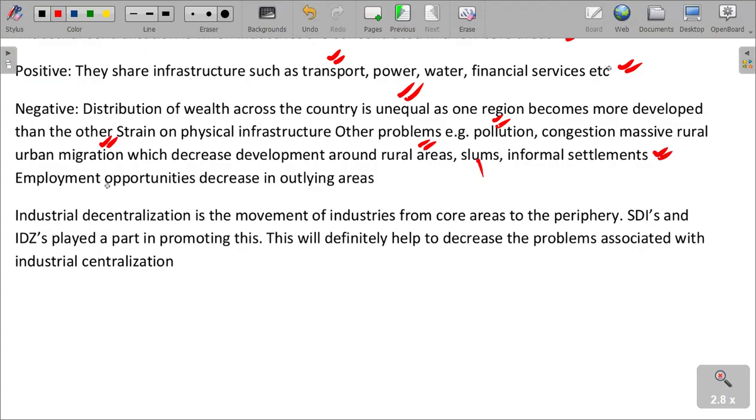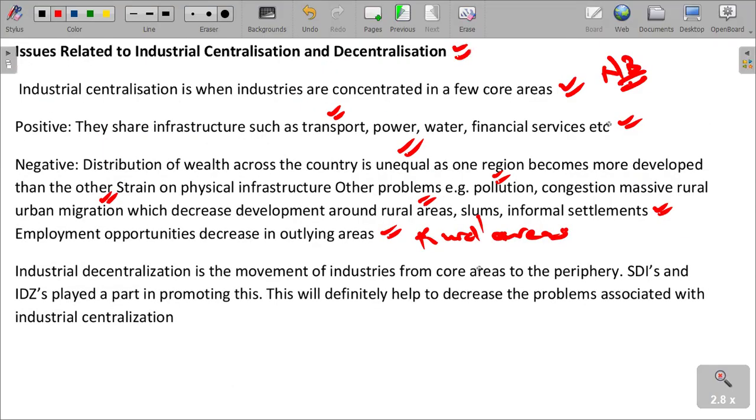As people migrate, employment opportunities decrease in the rural areas. So this results in what? Rural-urban migration, rural depopulation. And also all other social ills that can arise in these core areas where people are concentrated. Therefore, there is need for decentralization.